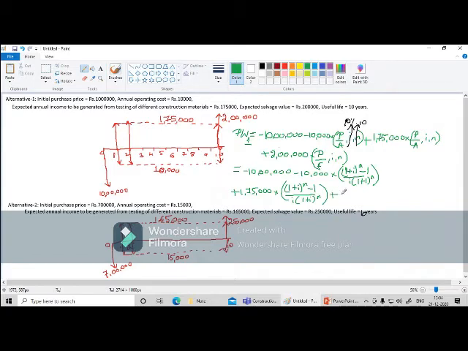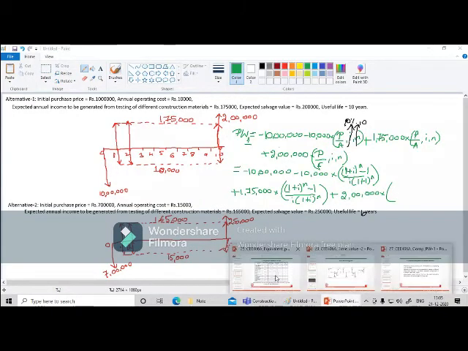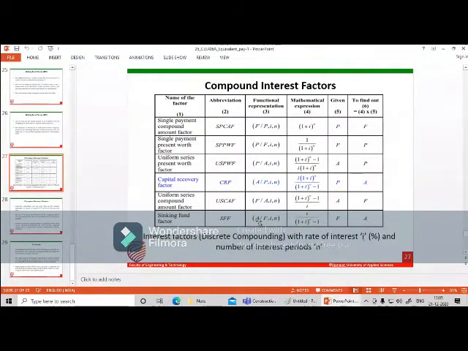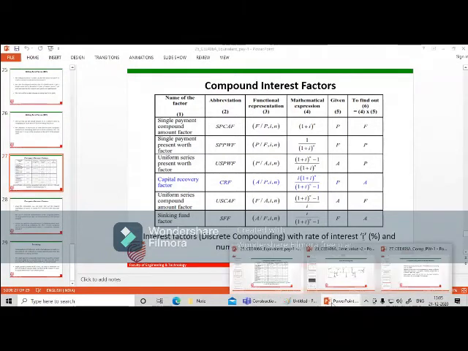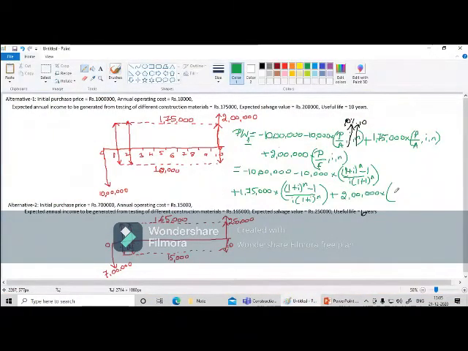Then the remaining 2 lakhs is multiplied by P by F. What is the formula for P by F? From the table, the formula for P by F is 1 divided by 1 plus I raised to n.